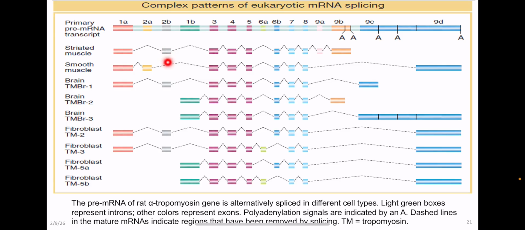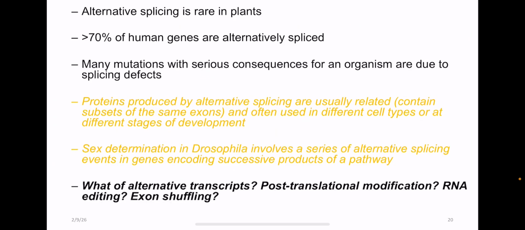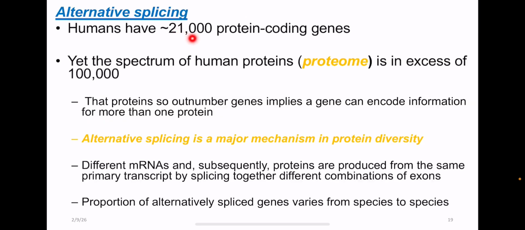So alternative splicing simply means different combinations of exons from the same mRNA transcript. We are just combining different exons in order to produce different proteins. That's why even though humans have 21,000 protein coding genes, we have in excess of 100,000, like 121,000 proteins in our proteome.